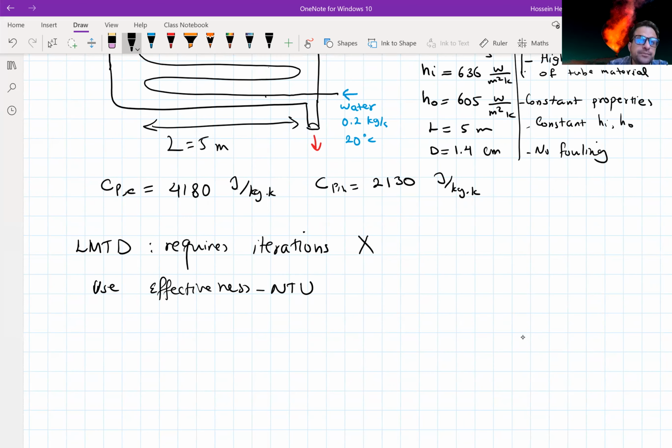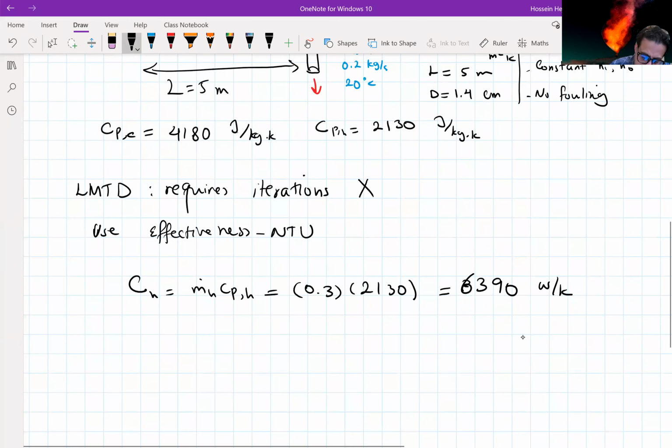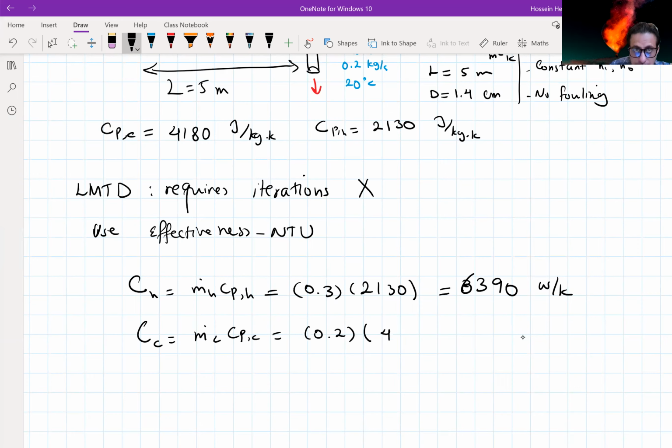Okay, and for doing that, the first step is to determine the C min. And for doing that, we need to find out CH, which is m dot h CPH, 0.3 times 2130. It's going to be 6390 watt per Kelvin. And if I evaluate CC, m dot c CPC, it is 0.24 times 1480, which is 836 watt per Kelvin.